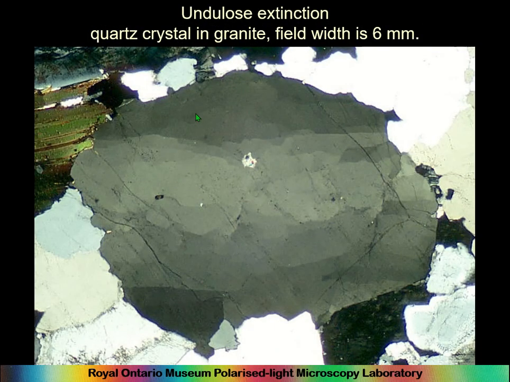Quartz also has a distinctive form of extinction. This is called undulose extinction. And that's because quartz is one of the only minerals, possibly the only mineral, I think, that can get messed up by metamorphism and start to break up into smaller crystals. And the beginning of this is it starts to stop being in a proper orientation with the rest of itself.